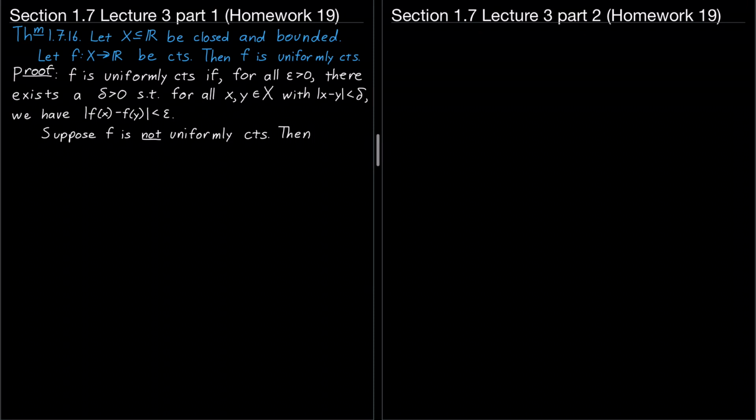For all epsilon turns into there exists at least one positive number epsilon such that, and then our for all delta flips into, there exists a delta, it flips into a for all delta.